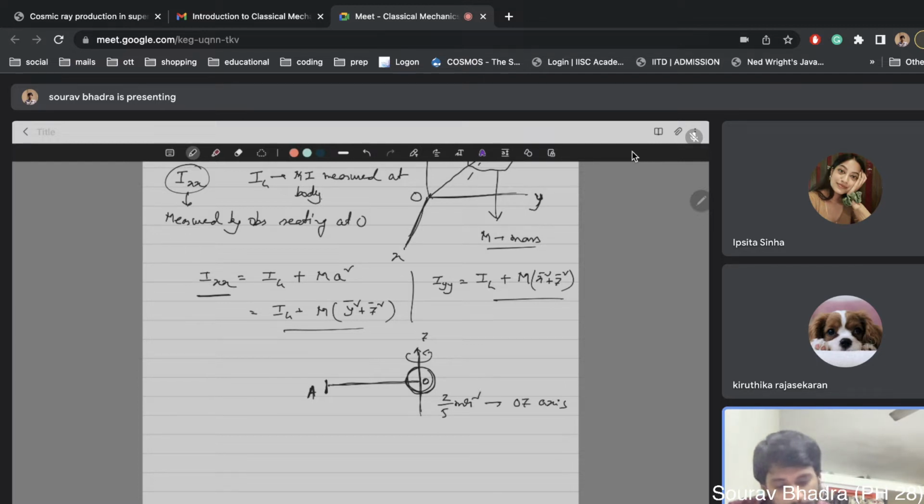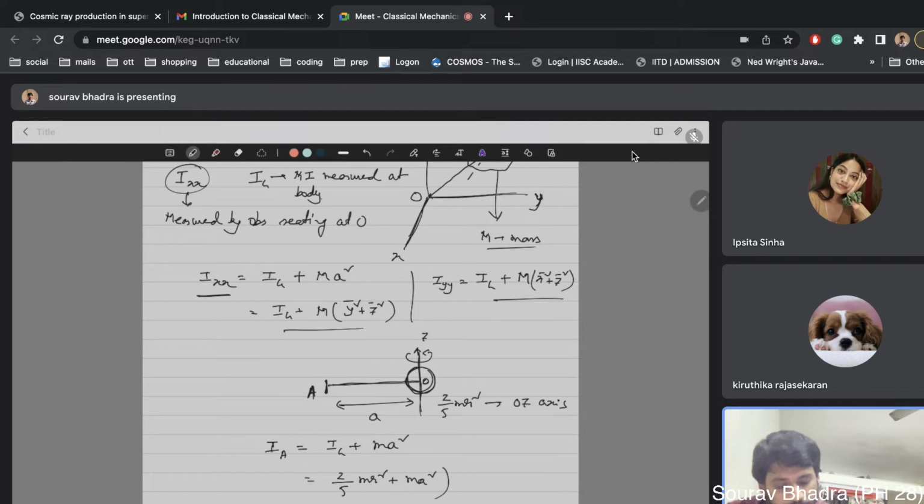Okay, and let us say that this distance is a. Now if you want to calculate your moment of inertia from A, just do Ig plus the mass of the body, I have taken small m, times a square. So Ig is already calculated.